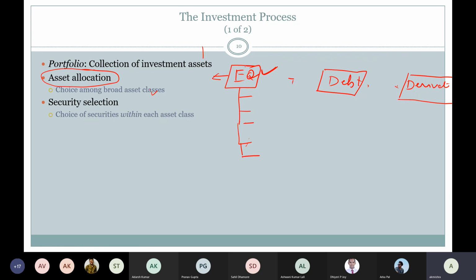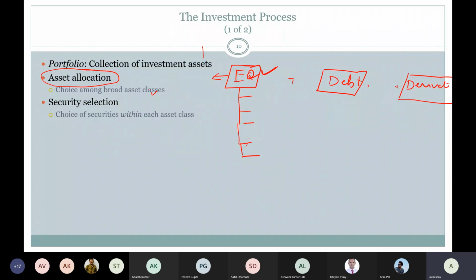So the second step in portfolio creation is security selection. Security selection means once you have decided that your portfolio is going to be an equity portfolio, or 50% equity and 50% debt, then within that category you identify securities, whether it will be a Reliance share or some different type of share.